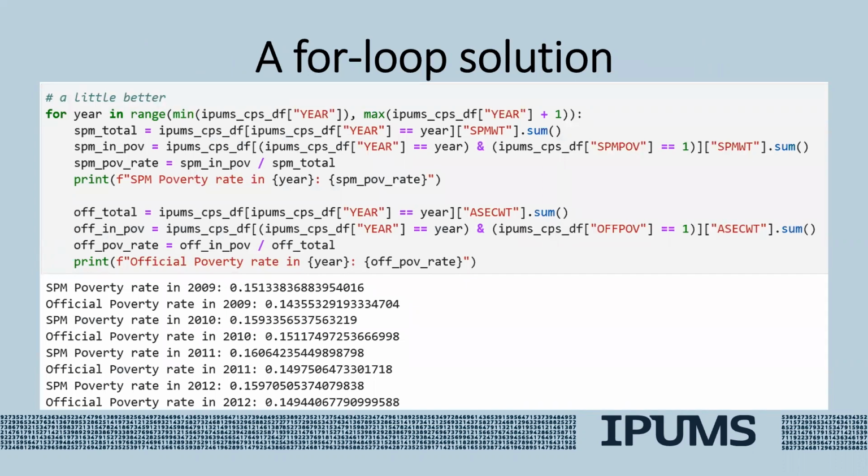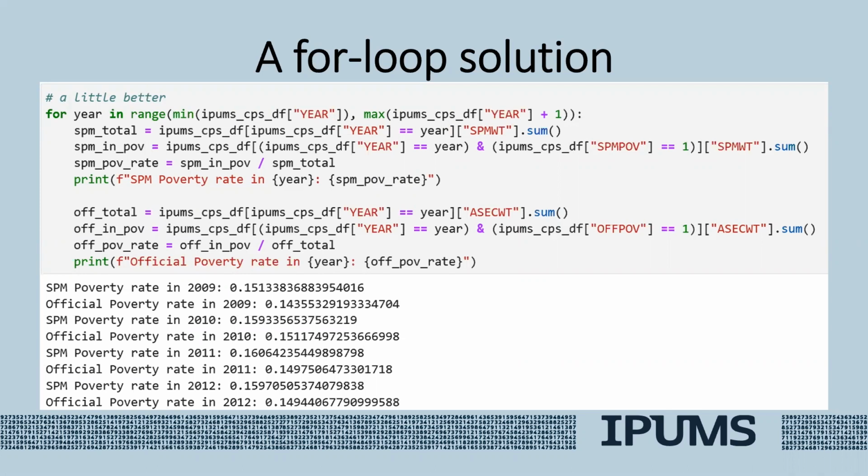So here is what that for loop might look like. It performs exactly the same steps that we were doing in the previous slide for each year of data, starting with the first year value in our data, and proceeding in 1 unit increments to the largest value of year in our data.